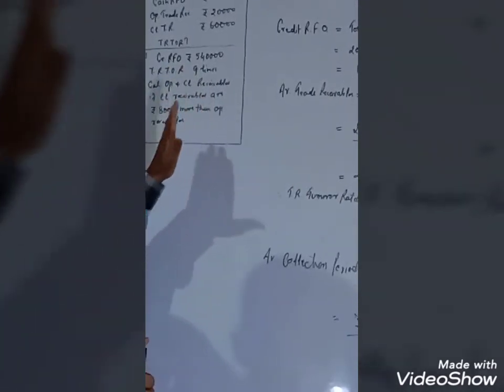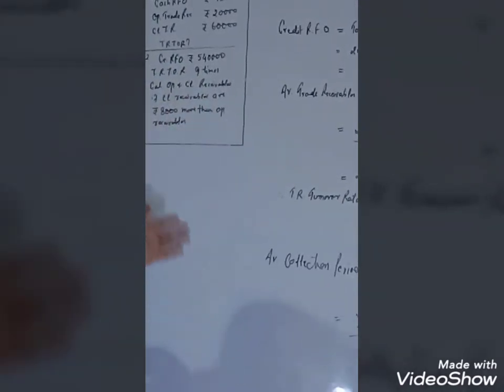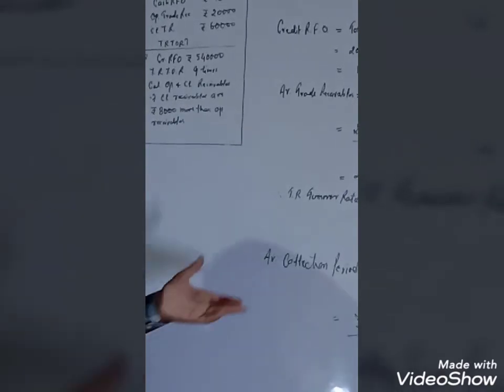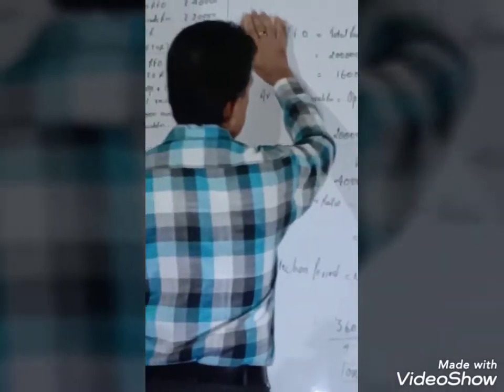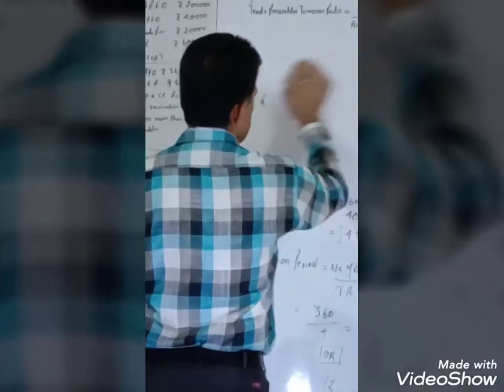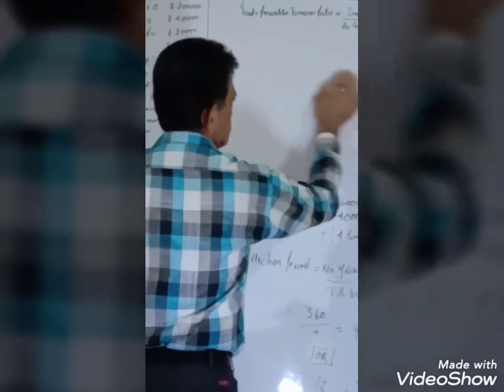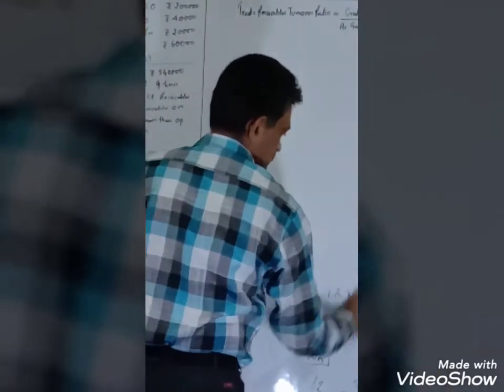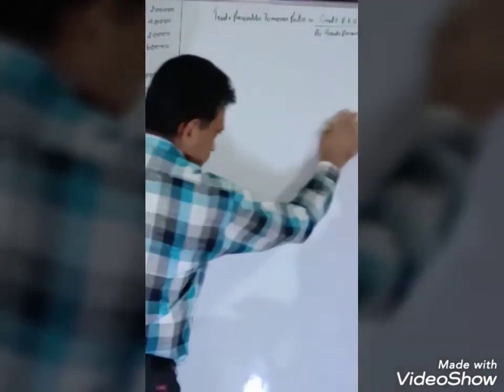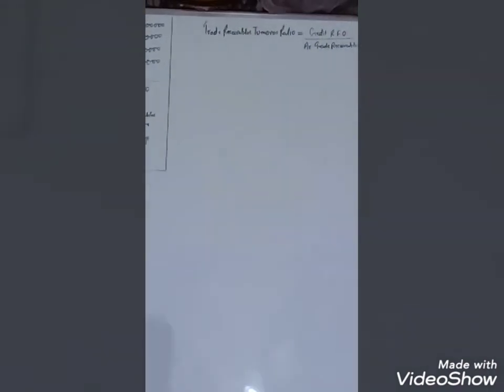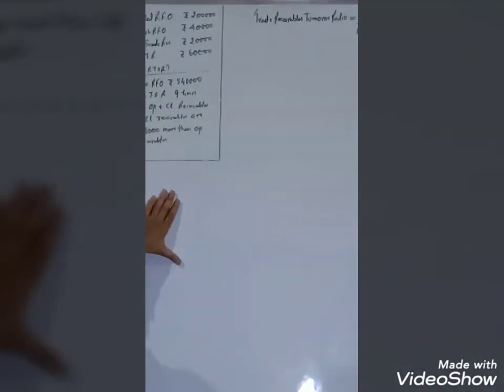If closing receivables are rupees 8,000 more than the opening receivable, this is another type of question that is given. Here credit revenue from operation is given rupees 5,40,000 and trade receivable turnover ratio is given 9 times.